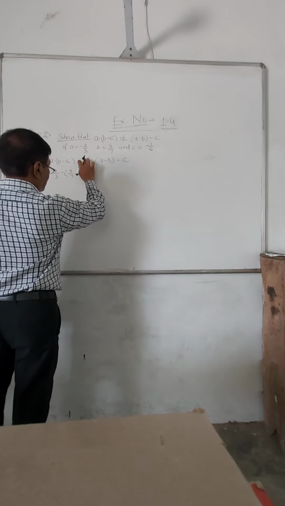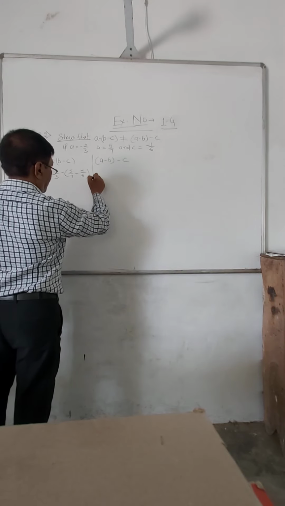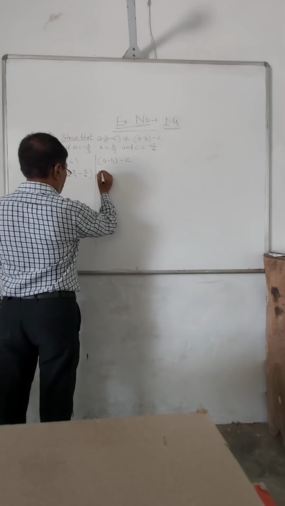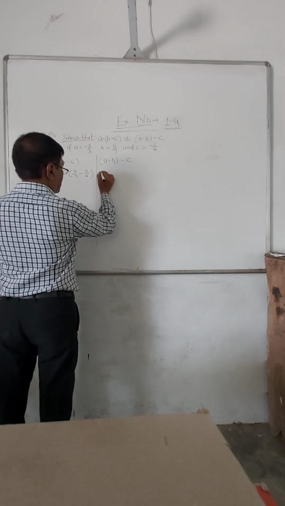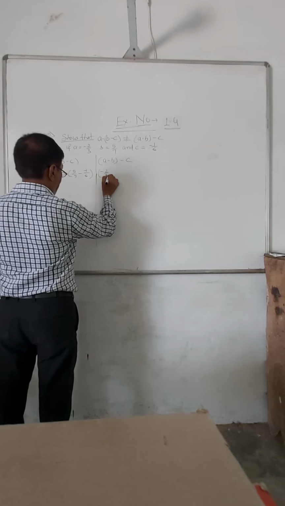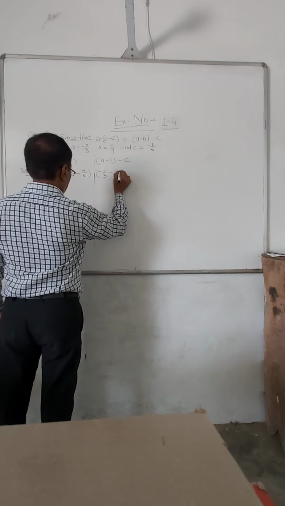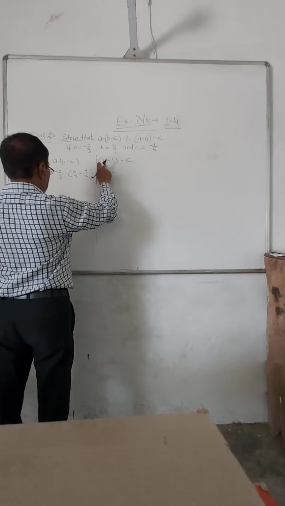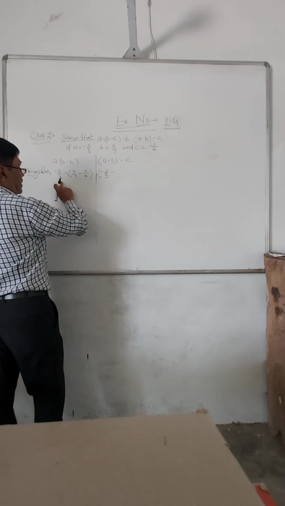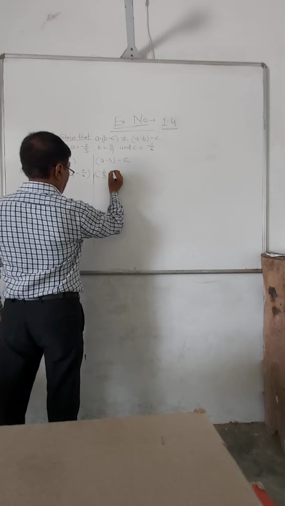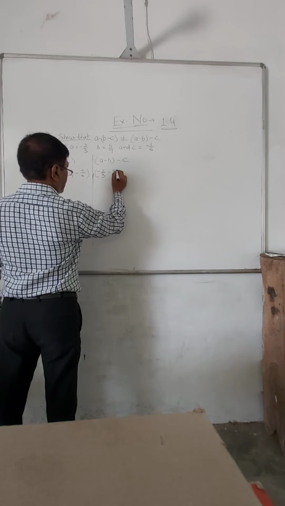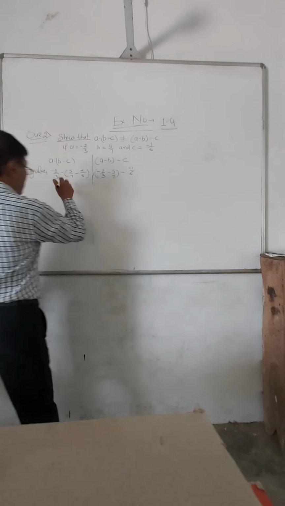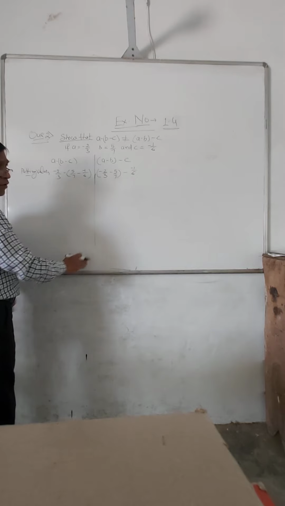And here also you put minus 2 by 3 minus, a minus b, a is minus 2 by 3, b is 5 by 7, minus c, minus 1 by 6. Both sides you solve separately and compare whether it is coming equal or not.